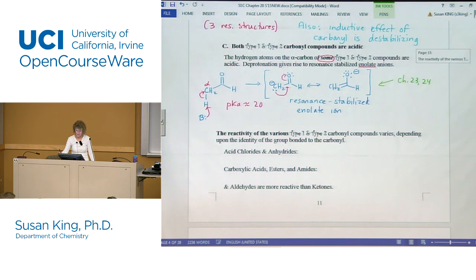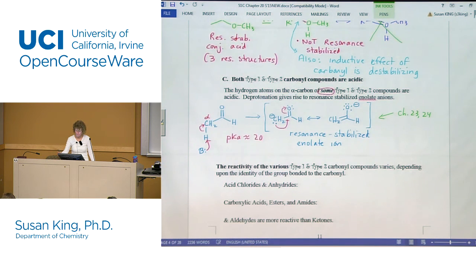All right, but first things first, we want to be able to predict reactivity. And so we have all these different types of carbonyl compounds, and what we want to know is which is more reactive, which is less reactive, and be able to explain why. So acid chlorides and anhydrides are more electrophilic than aldehydes and ketones.